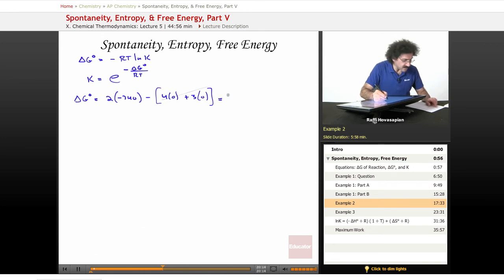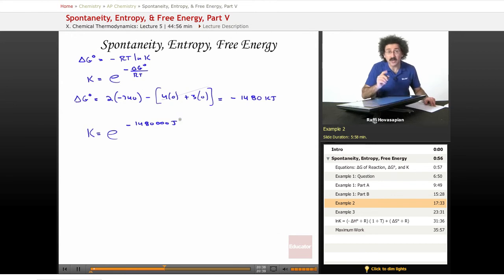So the delta G ends up being minus 1480 kilojoules, right? 2 moles times negative 740 kilojoules per mole.